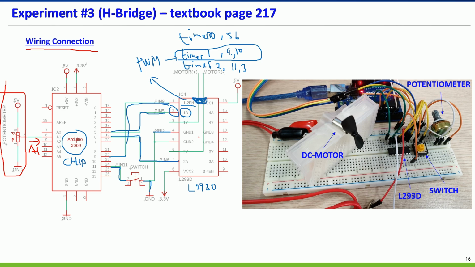This chip also needs ground. For the L293D, pin 3 and pin 6 are the output to the motor, the DC motor.